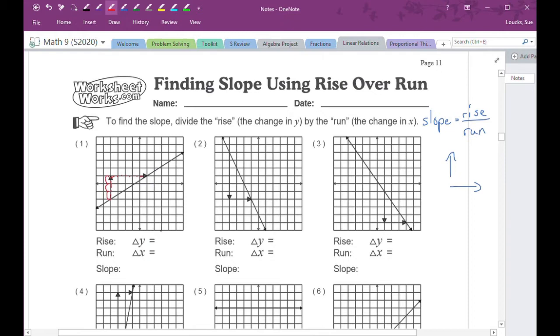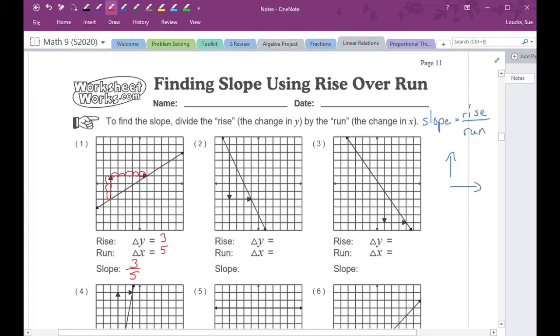So our rise, or our change in the y-axis, is 3, and our change in the x is 1, 2, 3, 4, 5. So our slope is 3 over 5. That was pretty straightforward, right?